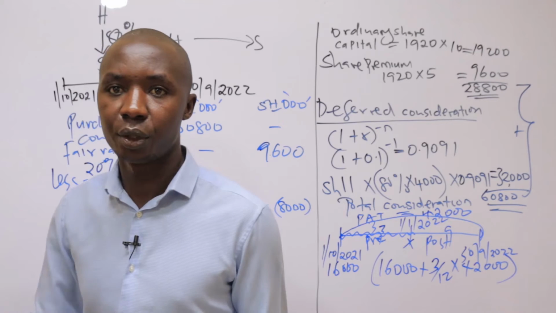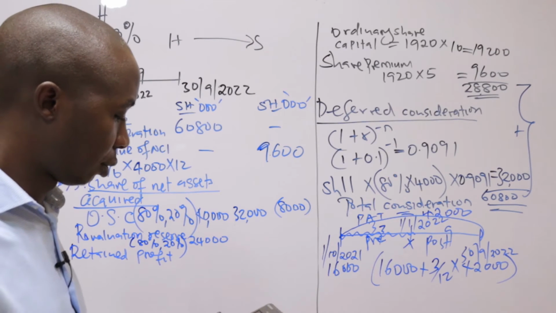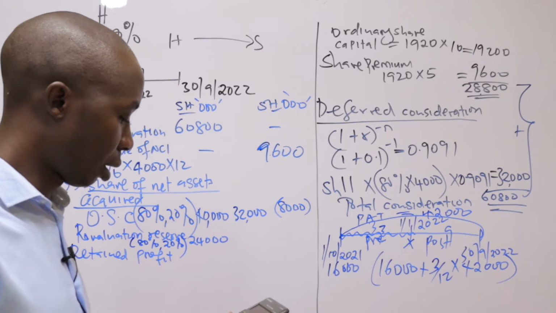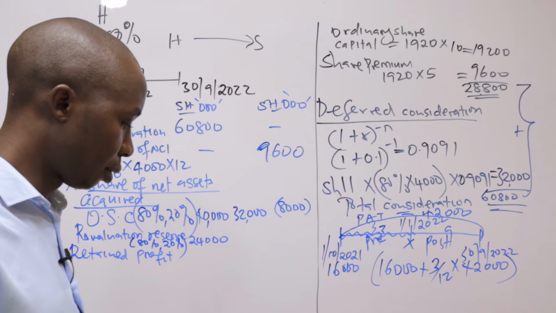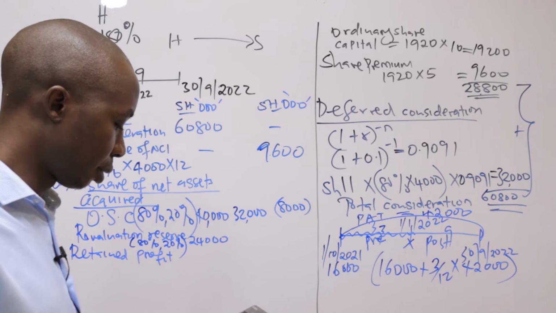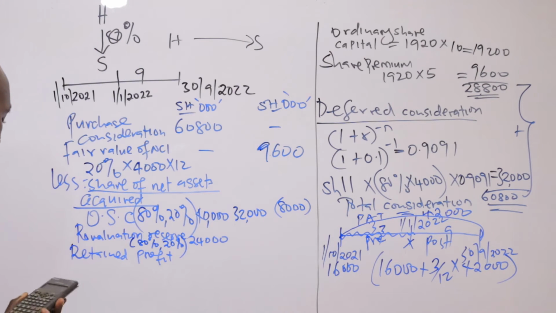So if I pick my calculator and do that, 42,000 times 3 divided by 12 plus 16,000, this is 26,500.